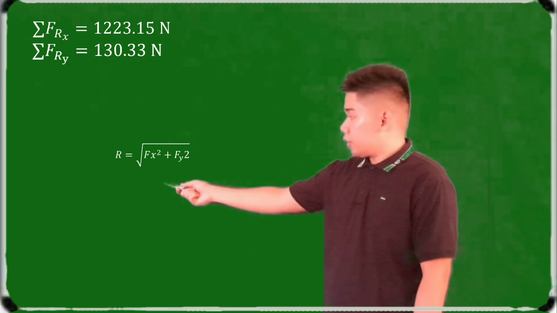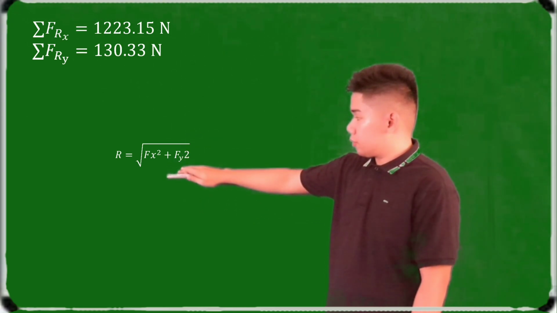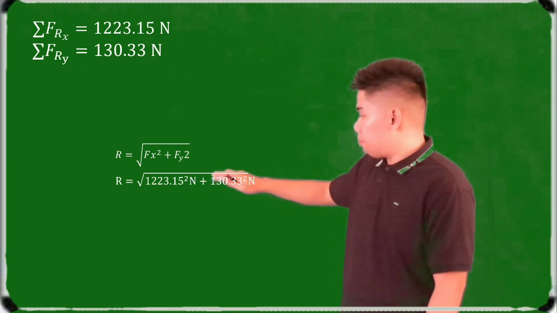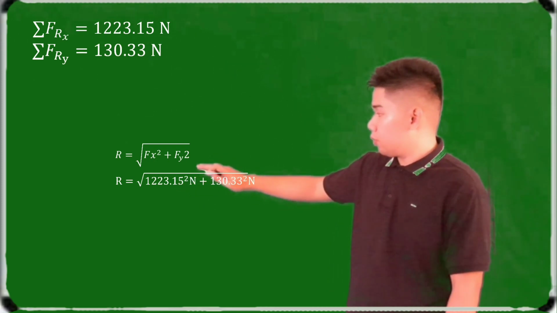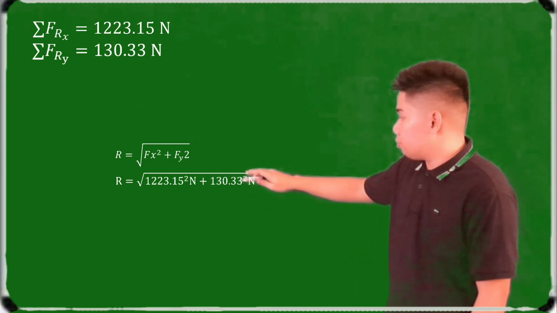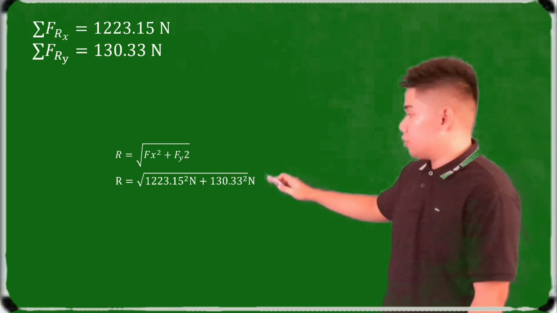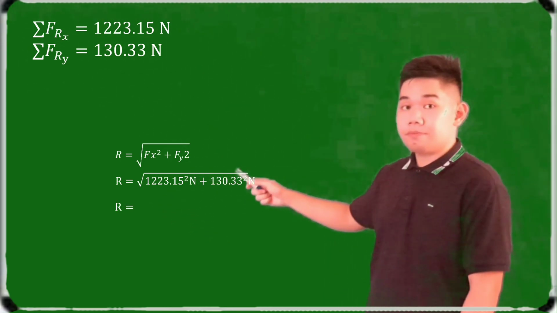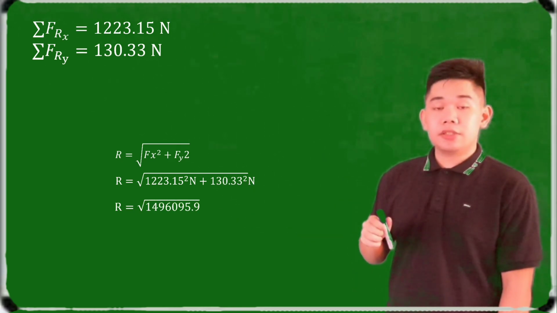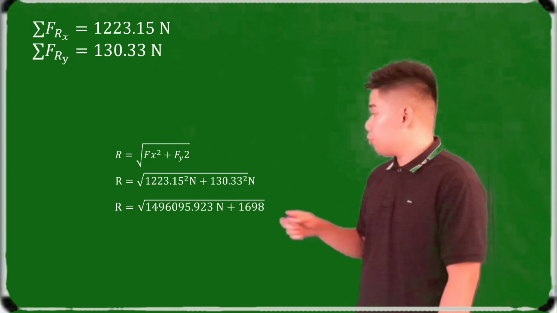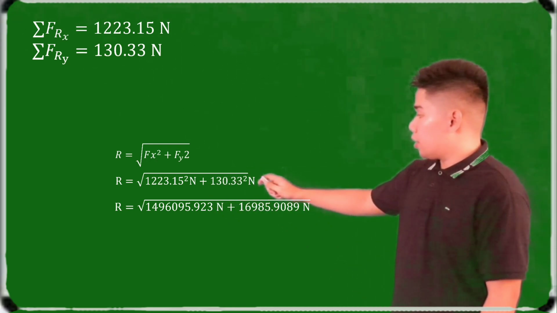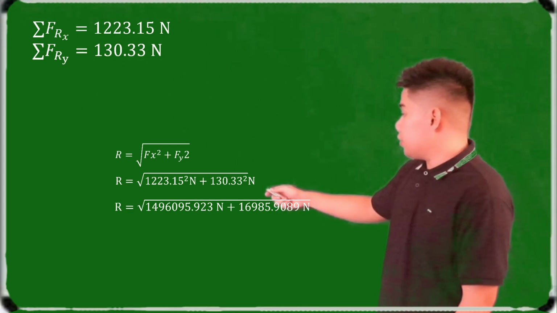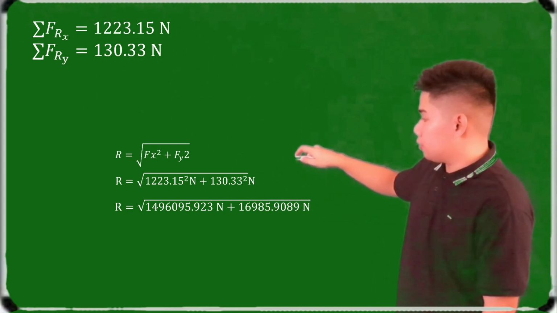Then in calculating, we square 1223.15, plus we substitute 130.33 Newton squared. So it is equal to the square root of 1,496,095.923 Newton plus 16,985.93129 Newton.